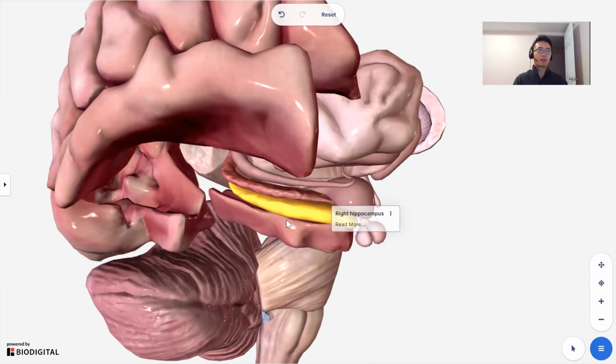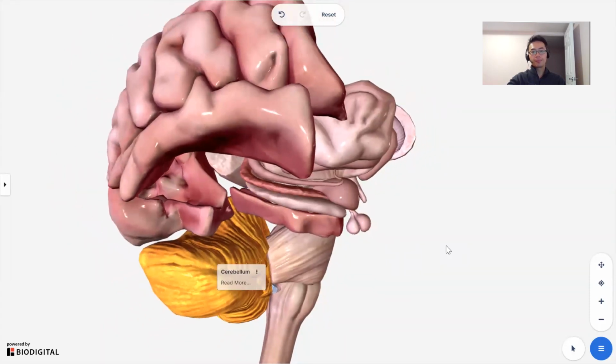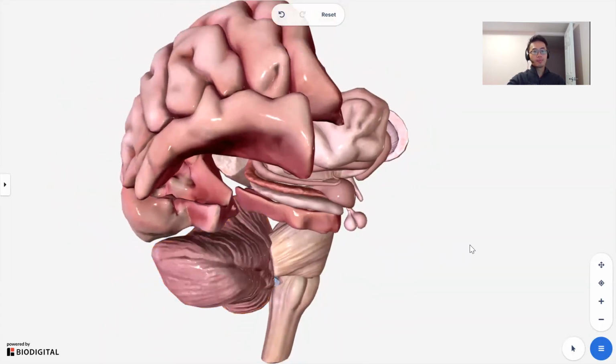It's also part of your limbic system. So the factual kind of memories are stored in the hippocampus, but skilled memories are stored in the cerebellum. Any question before we move on?